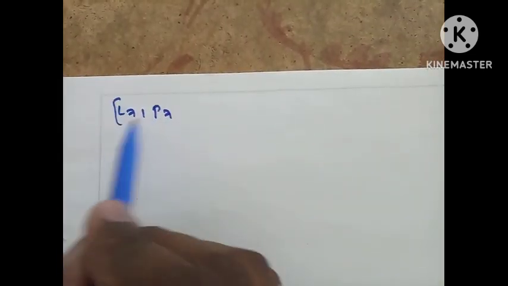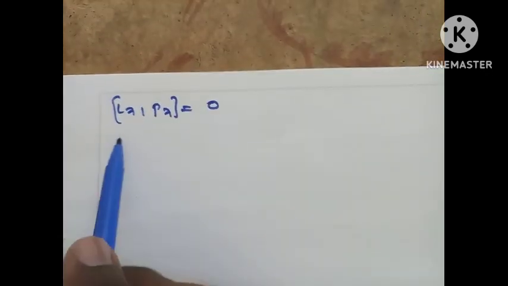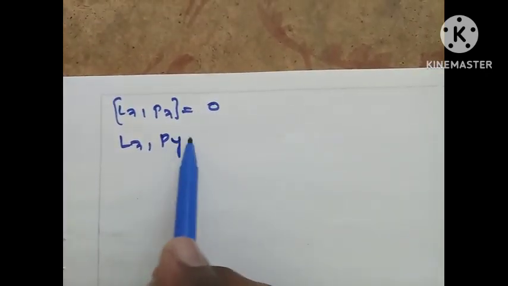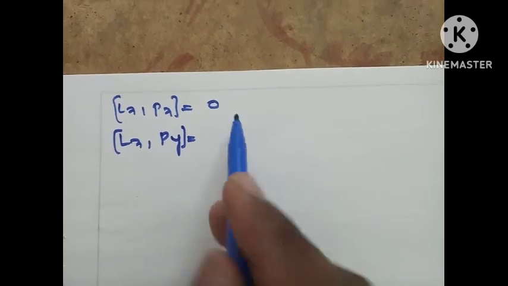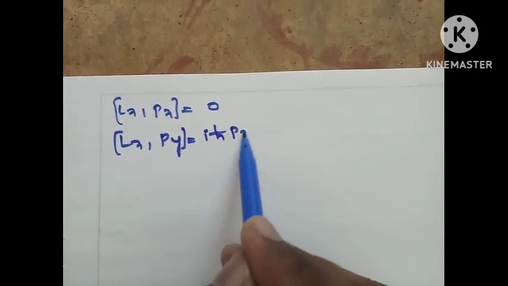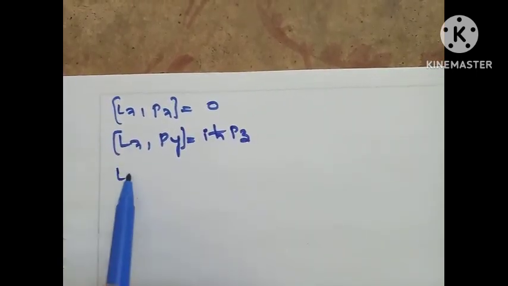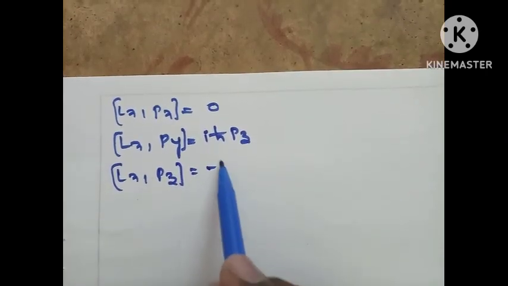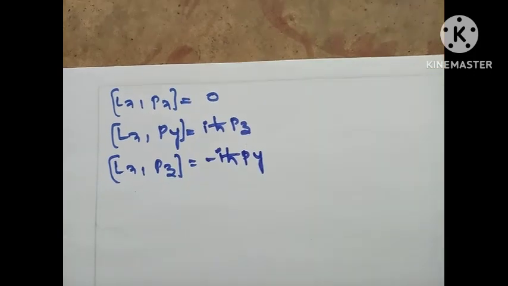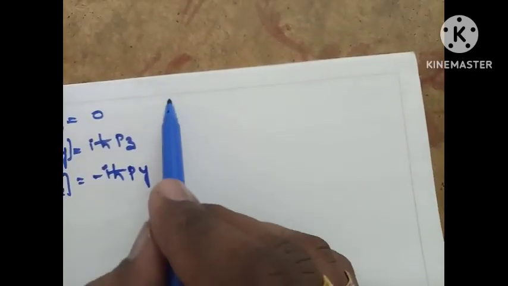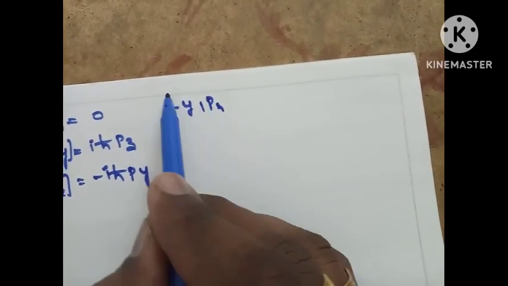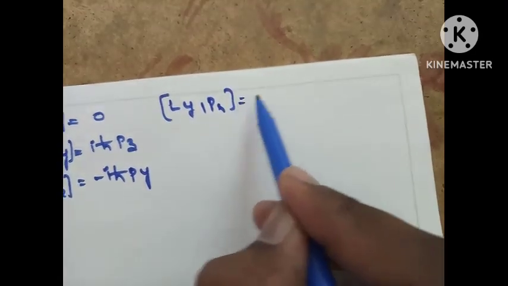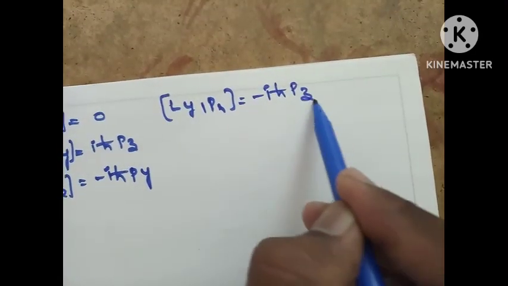Okay, so finally let us see the different commutation relations between momentum and angular momentum. Let us write one by one here. The commutation between Lx comma Px is 0, and Lx comma Py is iħ pz, and the commutation rule between Lx comma Pz is minus iħ py. Okay, next similarly Ly comma Px is minus iħ pz.